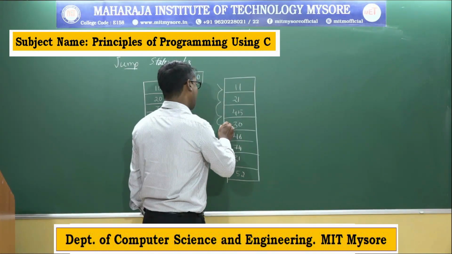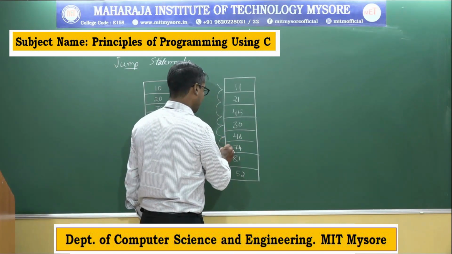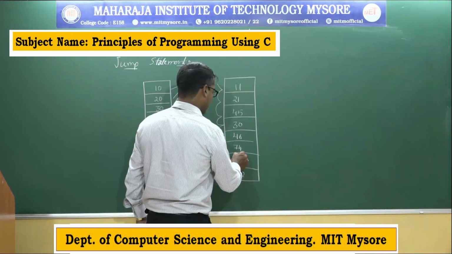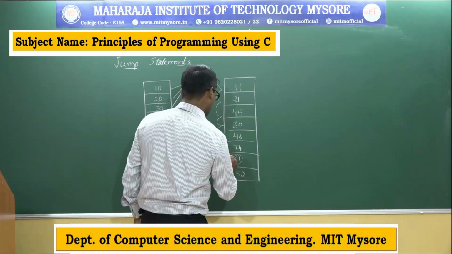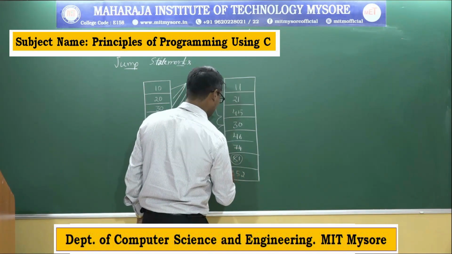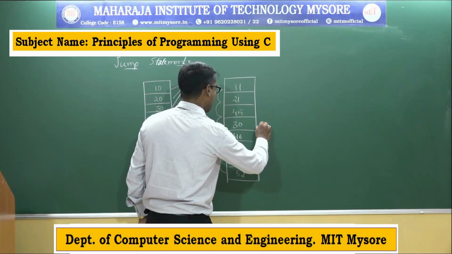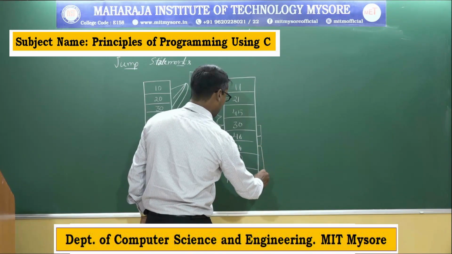After adding this number, next we need to perform 46, then 74. Then here we need to skip the addition operation because the number 81 is an odd number. After skipping, the next number is 52, so we need to add this number. So, we need to add 30, 46, 74 and 52.